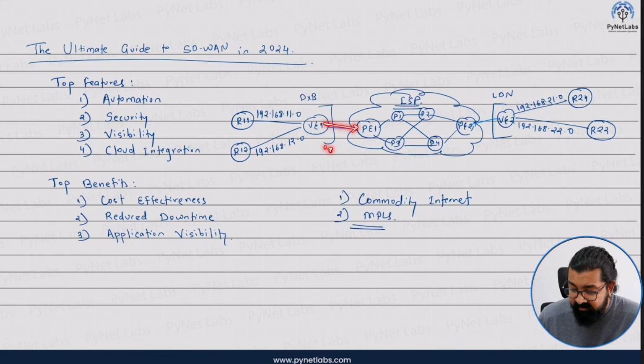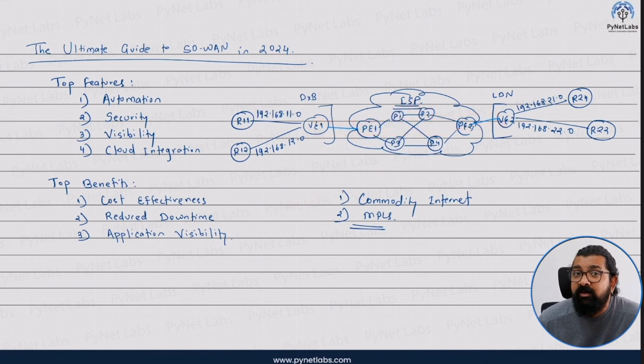And irrespective of whether you are using a commodity internet circuit or an MPLS circuit, right, you're going to have the same level of security, because these customer premises edges will automatically be forming the IPsec tunnels between their transports, irrespective of whether it's a commodity or MPLS circuit.